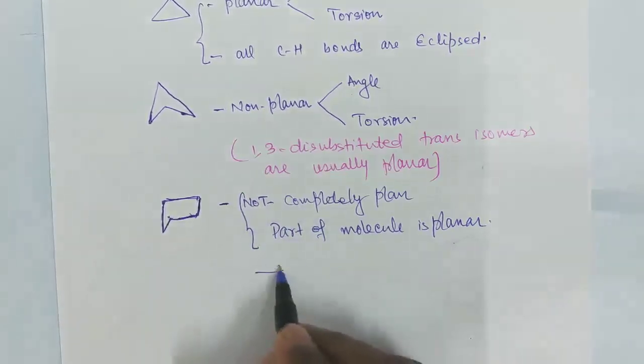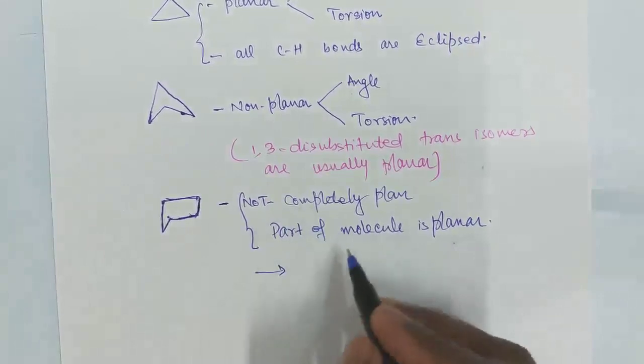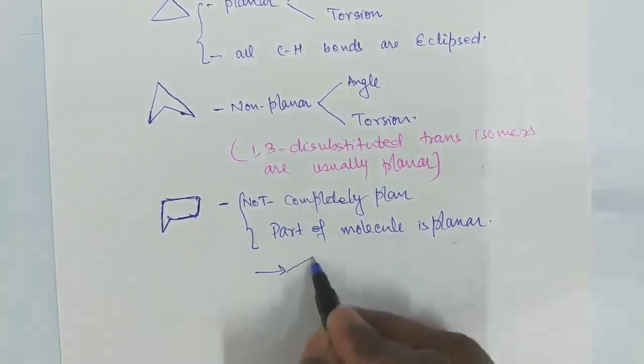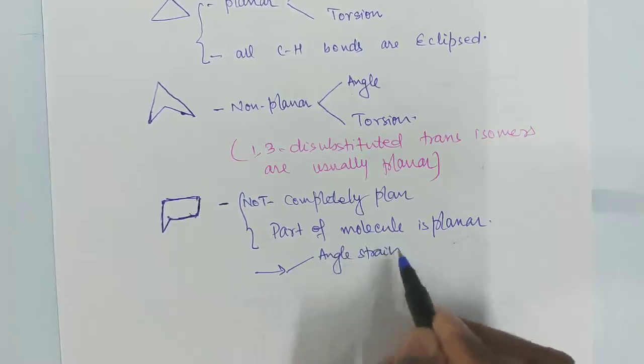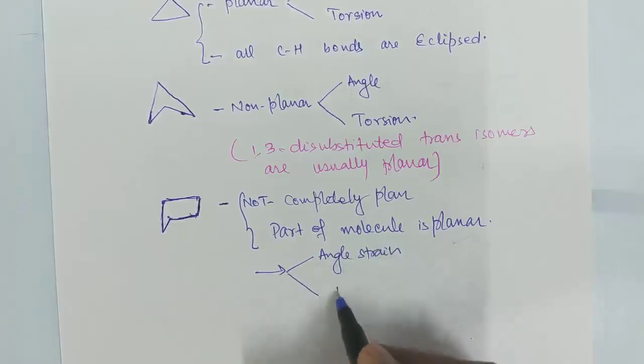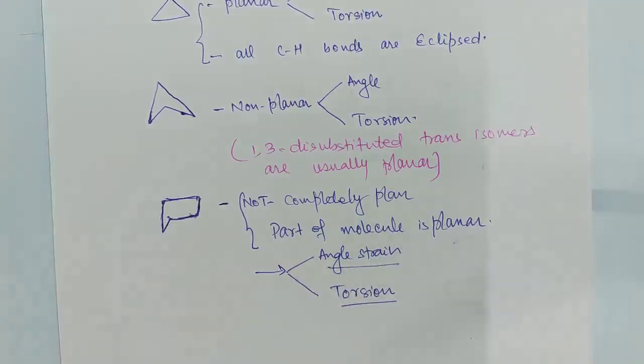And angle strain is there, as well as torsion strain is there. Again, I am repeating this point: molecule may suffer steric strain, but that is due to the substituents, not due to the internal carbon-carbon bond angle or carbon-hydrogen bond angle.